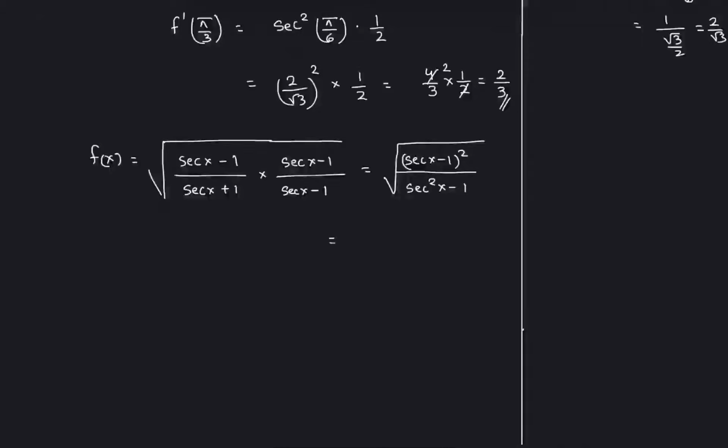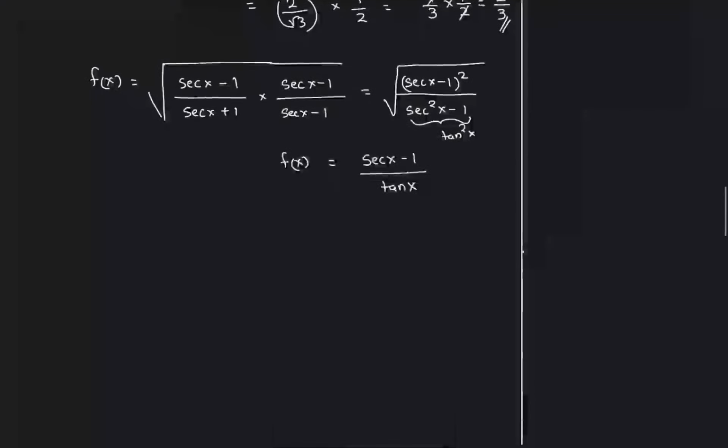So this will come out to be sec x minus 1 in the numerator because square and square root gets cancelled, and sec square x minus 1 can be written as tan square x, and the square root of tan square x will be tan x. So f of x is now reduced to sec x minus 1 over tan x.